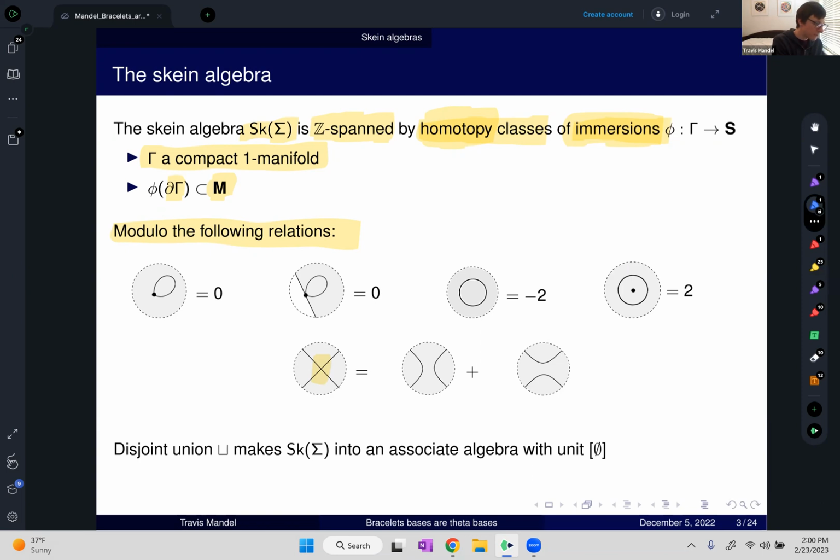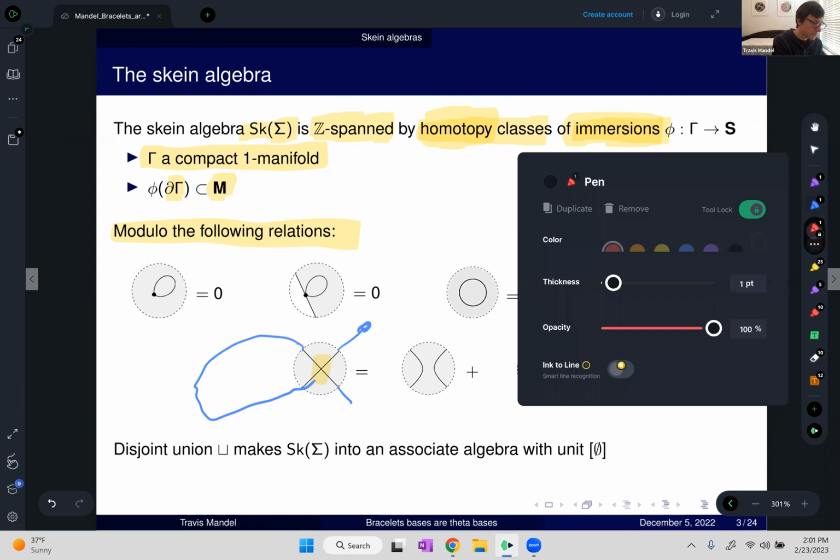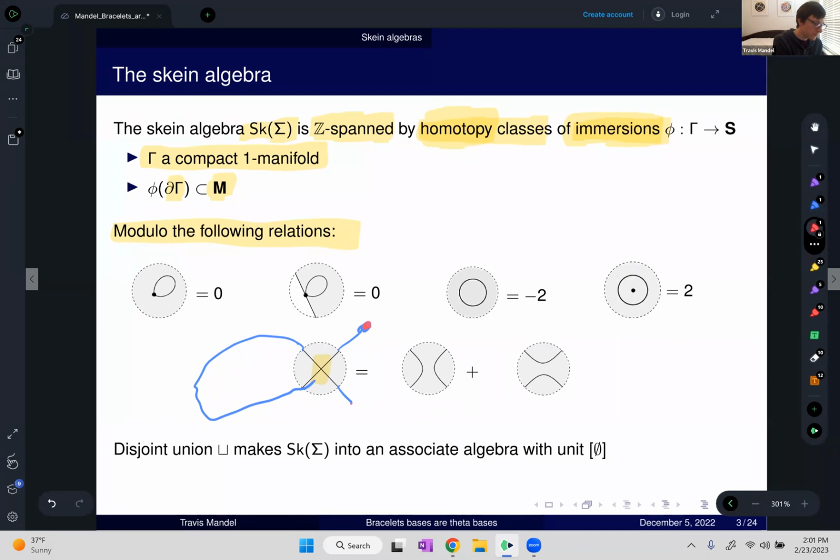So this is part of some bigger loop, maybe. It's maybe entered some marked points. So this is living inside some surface. So something like this, maybe.